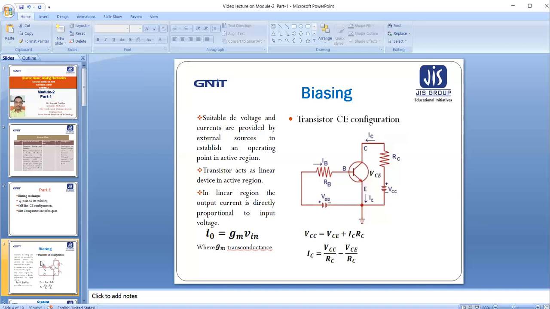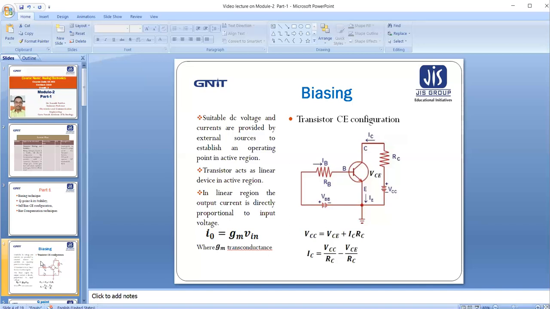Therefore, biasing is very essential, crucial and important to design an amplifier circuit so that we can get a faithful, an exact replica of the input at the output signal.